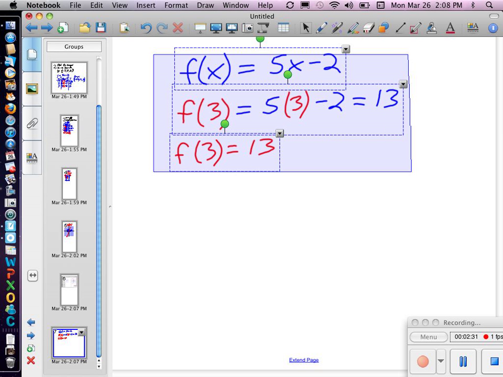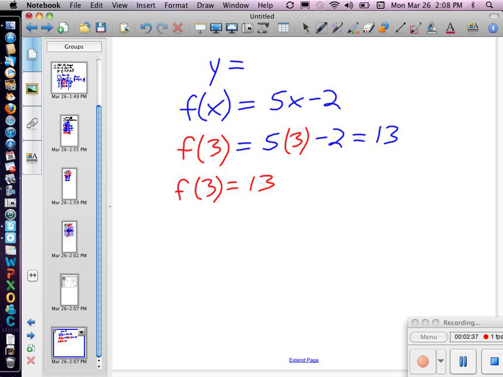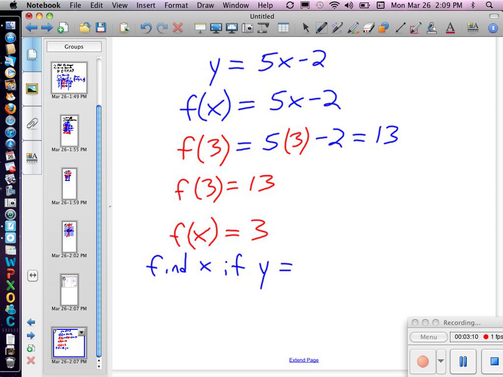Let me move this down a little bit. Okay. So another way to show this would be to write y equals 5x minus 2. So if I asked you f of x equals, I don't know, let's see, f of x equals 3, what that means is find x if f of x equals 3, or find x if y equals 3.